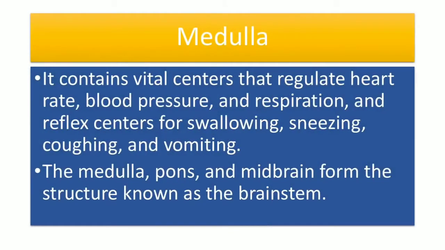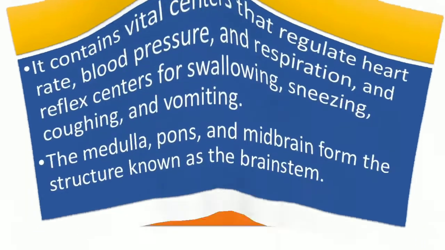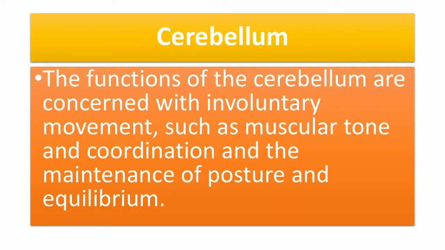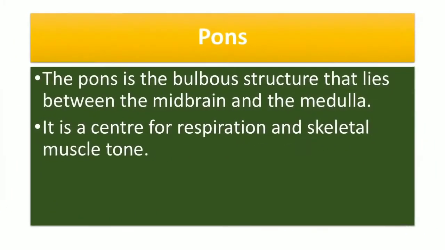Then the medulla is the reflex center for swallowing, sneezing, coughing and vomiting, and vital centers regulating the heart. The cerebellum is involved in movement, muscle tone, coordination and maintaining posture. Then the pons regulates respiration and keeps skeletal muscle tone, and it is between the midbrain and the medulla.